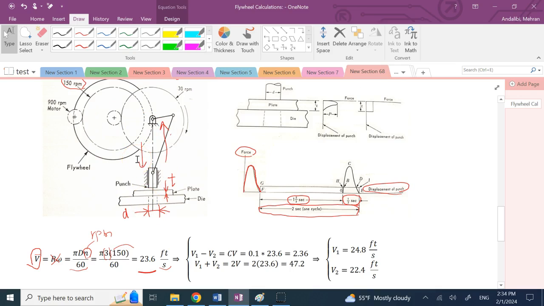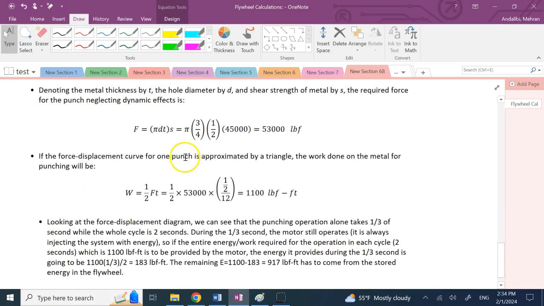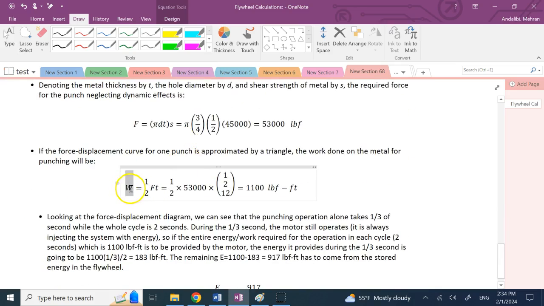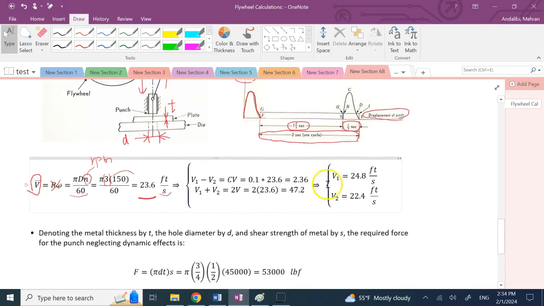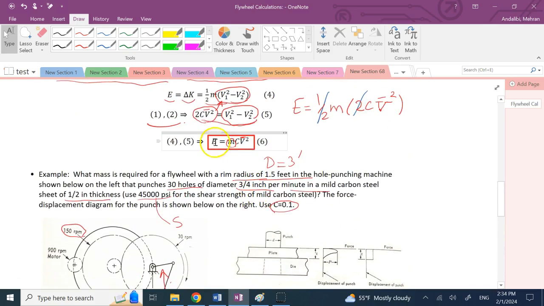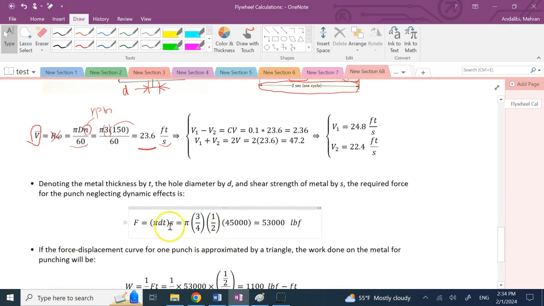So the reason that you lose the RPM or V is because of the impact. So the energy of the impact, which is equal to the work done by the punch on the sheet metal, is equal to this change in kinetic energy, and also it's equal to the energy that your flywheel has to store. So how do I find this E?